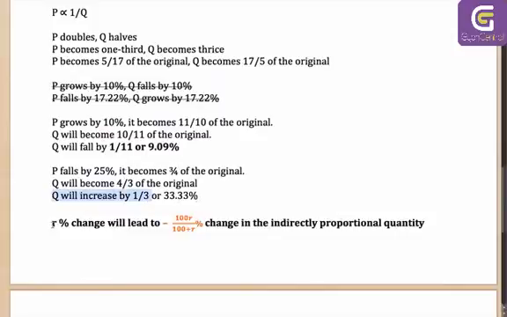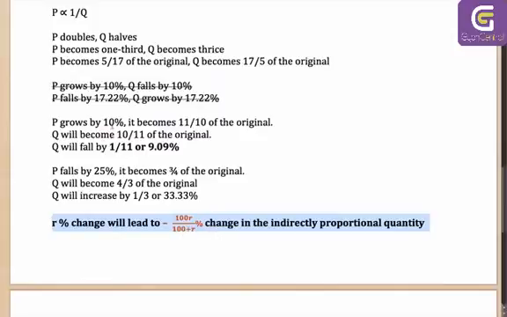This essentially leads to the idea that an R% change will lead to minus 100R by 100 plus R percentage change in indirectly or inversely proportional quantities. Please note this formula is very important. It will come in handy in various places. R percentage change leads to minus 100R upon 100 plus R percentage change.